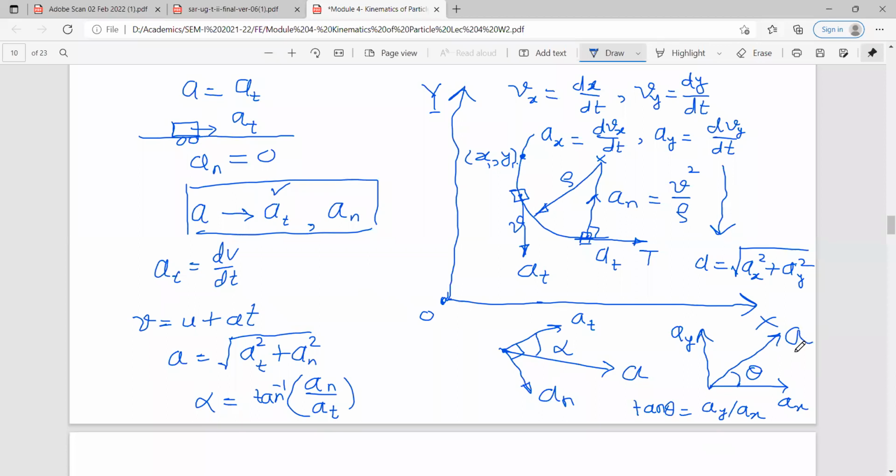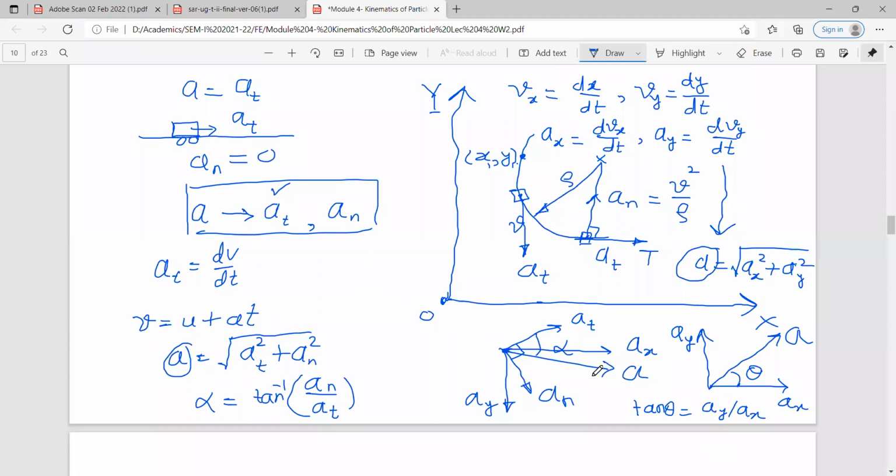So actually what should happen, this a and this a, the direction should be the same. See, if this is the a, how will I get ax and ay? Ax I will get in this direction and ay I will get in this direction. The acceleration you calculated here and here, both have the same value and the direction will also be the same.